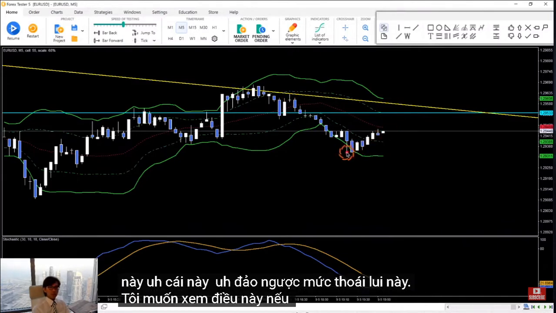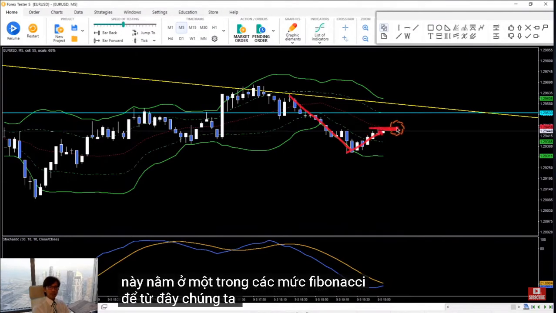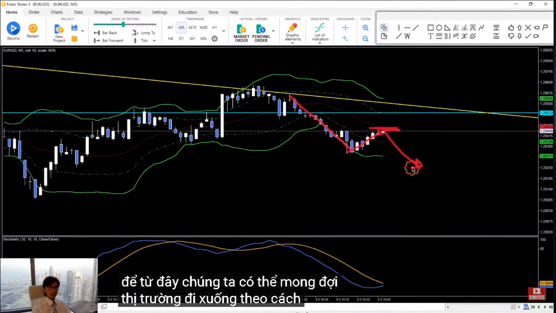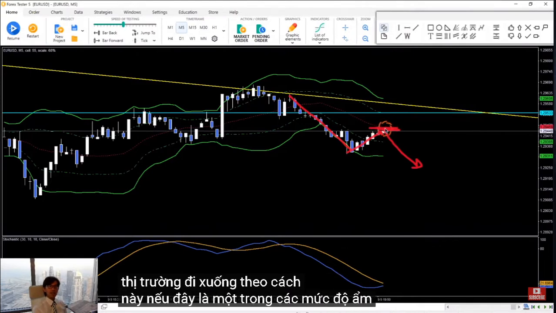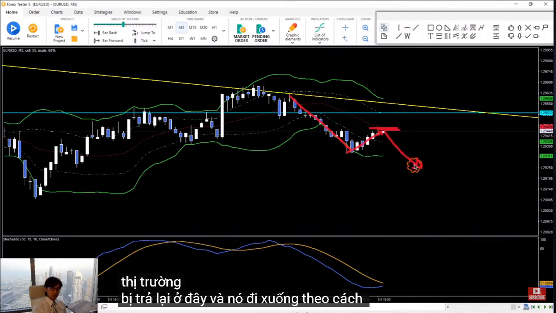I want to see if this retracement is at one of the Fibonacci levels, so that from here we can expect the market to go down this way. If this is at one of the Fibonacci levels, then there is a higher chance that the market bounces here and goes down this way.